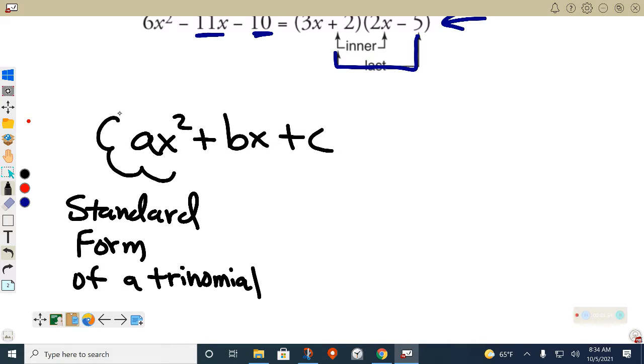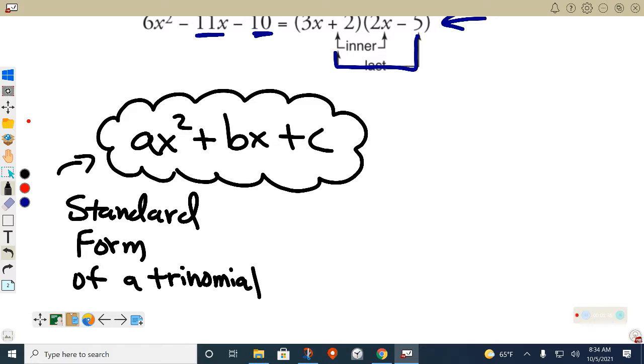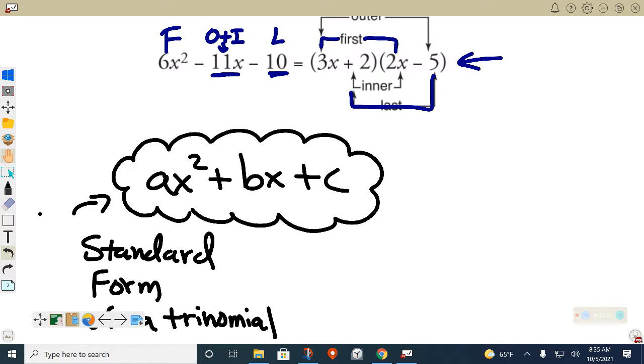Put it in a cloud. So this is the standard form of a trinomial. Ax squared plus bx plus c.